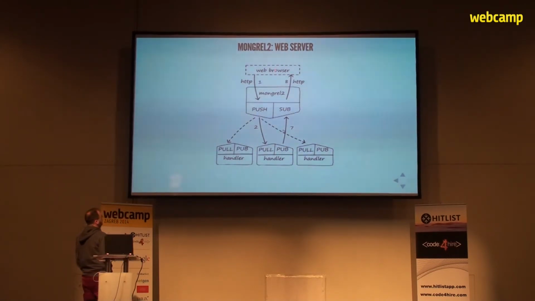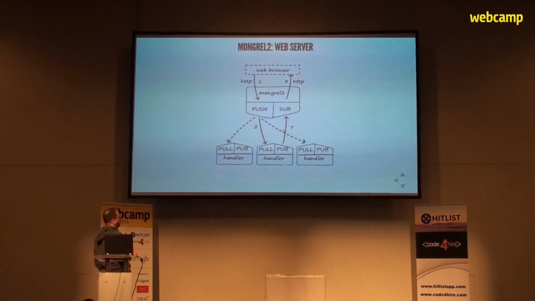It works in the following fashion. When there is an HTTP request, the core part, I'm not sure what's the official name for it, takes this request and sends it to the handlers through this push socket. As we said before, a push socket delivers them in a round-robin manner, so the next available handler picks them up through the pull socket.